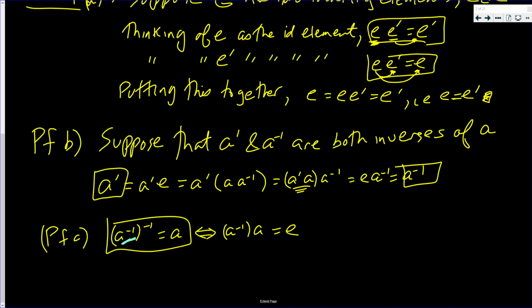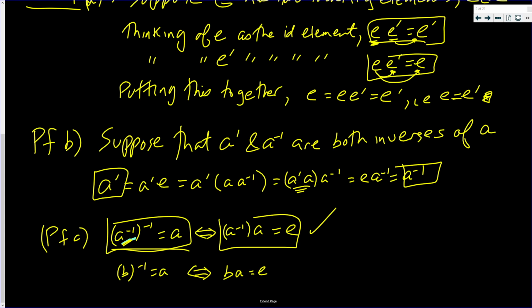But it is. Okay, this is true. That means this is true. Whatever this is, if it's a B, B inverse is A is the same statement as B times A equals E. The only thing is that it wasn't B. Let's not discriminate about how something looks.